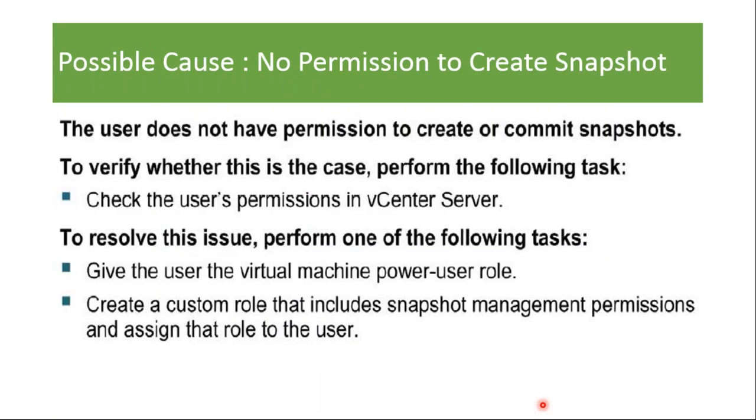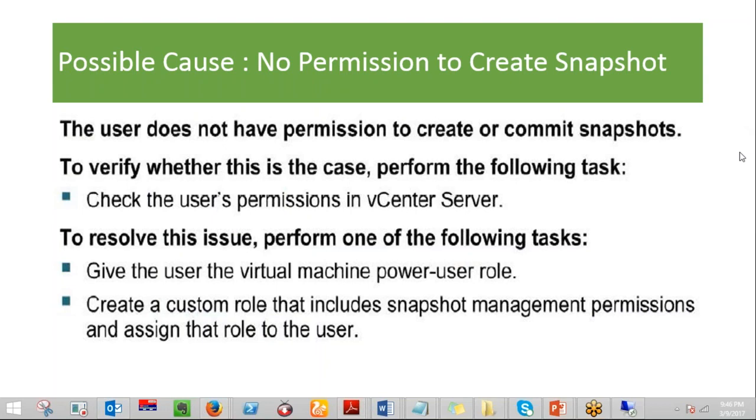Okay, moving to the next slide. So possible causes for your snapshot commitment issue: no permissions to create a snapshot. The VMware vCenter server roles, administrator and virtual machine power user, will give the permissions to create snapshots. So you have to verify whatever user you are using to commit or create a snapshot is part of the administrator or virtual machine power user group.